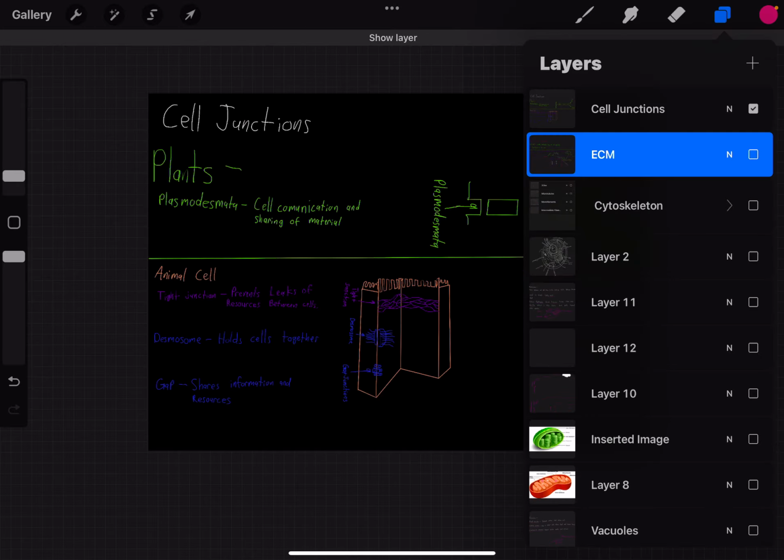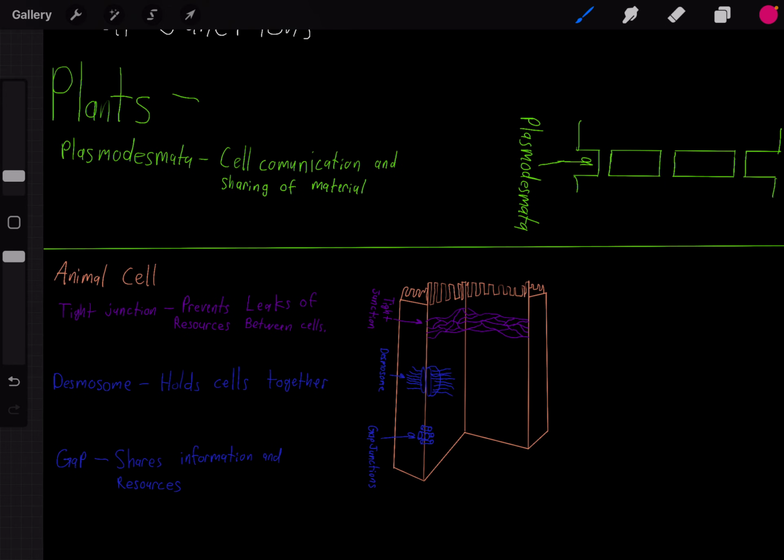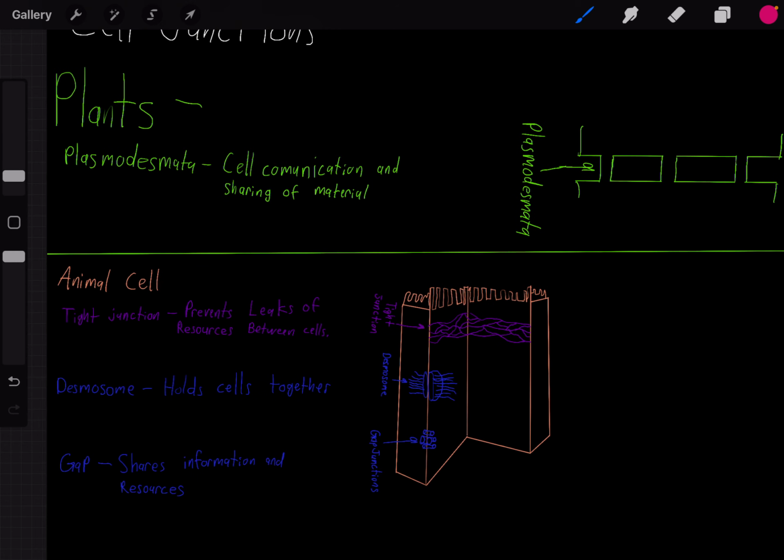Now, as for the last part of chapter 6, we talk about cell junctions, and the main one in plants is plasmodesmata. Animal cells also have the exact same thing, but it has a different name. It's called gap junctions.